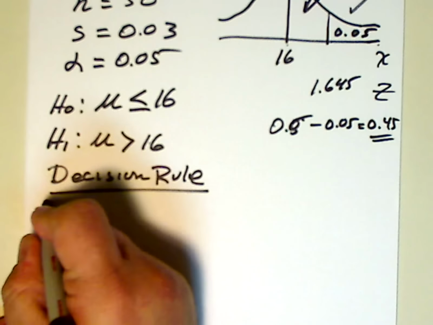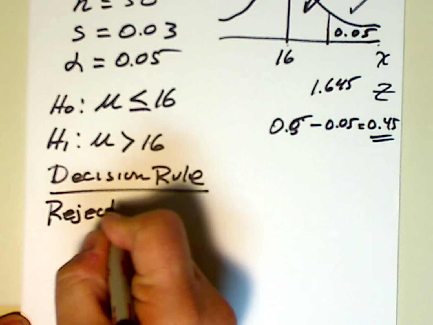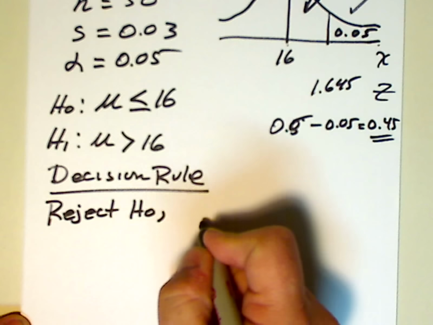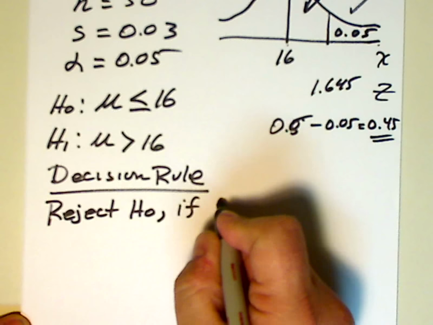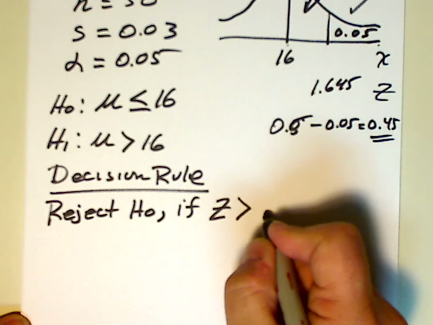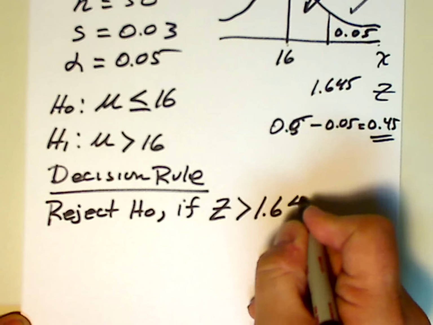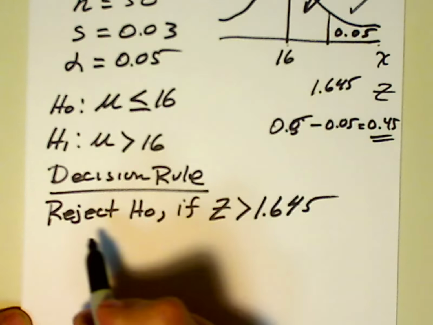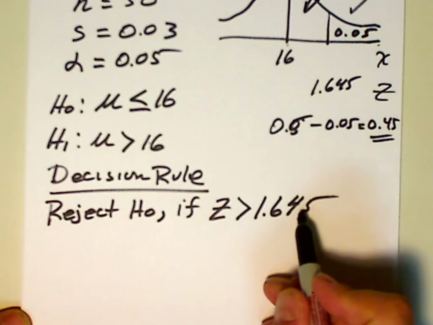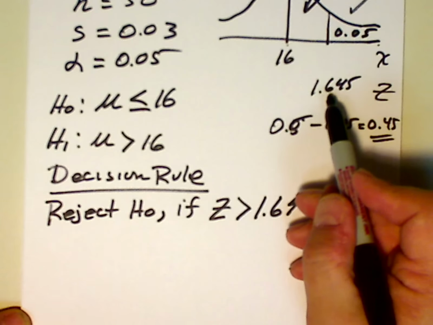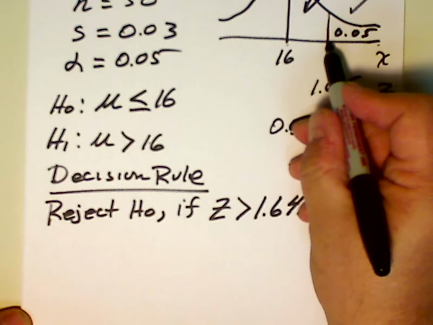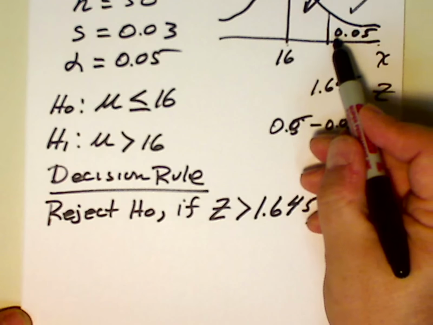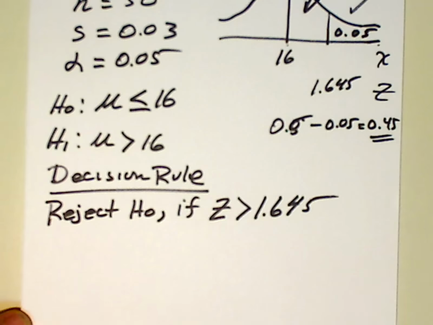So we're going to reject the null hypothesis if Z is greater than 1.645. There's our decision rule. Reject the null hypothesis if Z is greater than 1.645, which is the critical value associated with this point here with 0.05 in the tail.